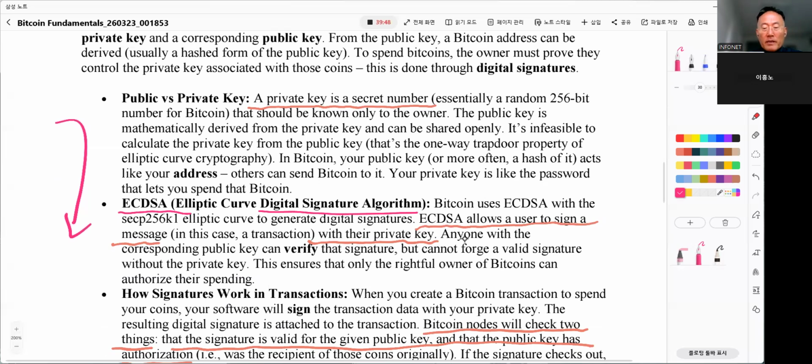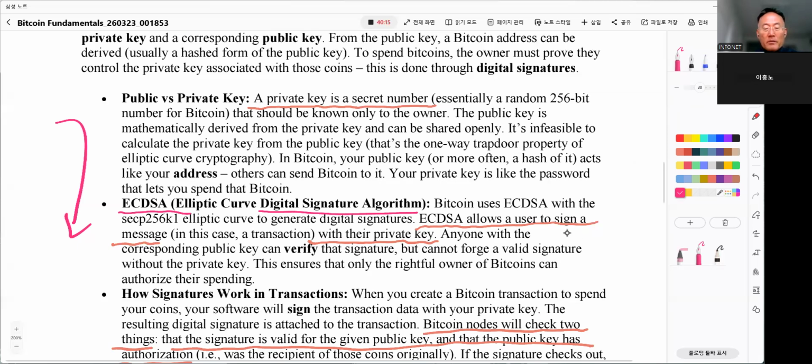ECDSA, okay? And this one allows a user to sign a message or a transaction with their private key, all right? Anyone with the corresponding public key can verify that signature, but cannot forge a valid signature without the private key.